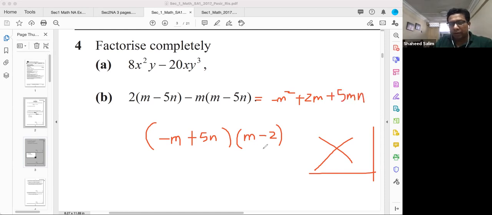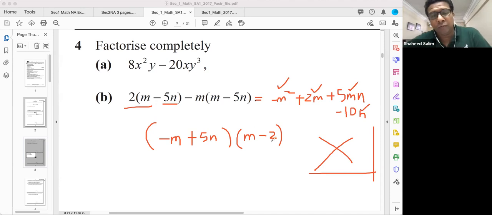And this times this, you get negative 10n. So let us see, when we multiply this, do we get this? 2 times m, you get 2m. 2 times 5n, you get negative 10n. M times m, you get negative m squared. M times 5n, plus 5mn. Okay, all right, you can do it this way.